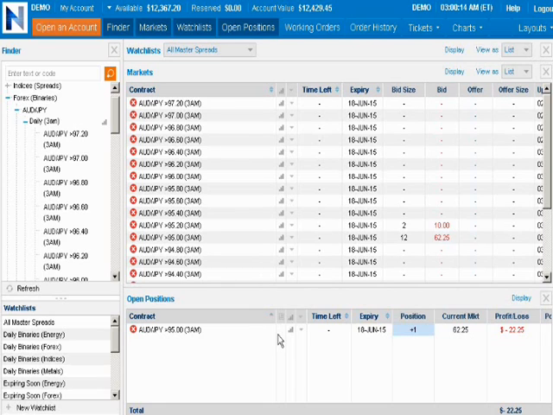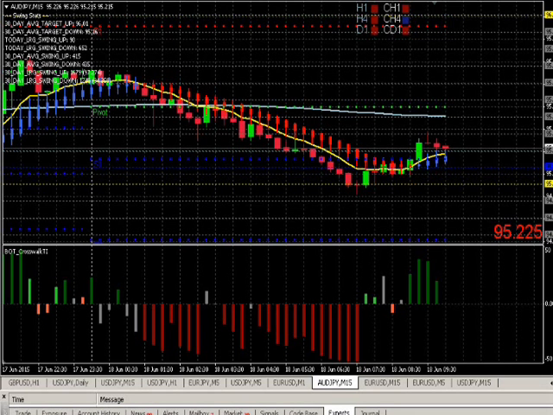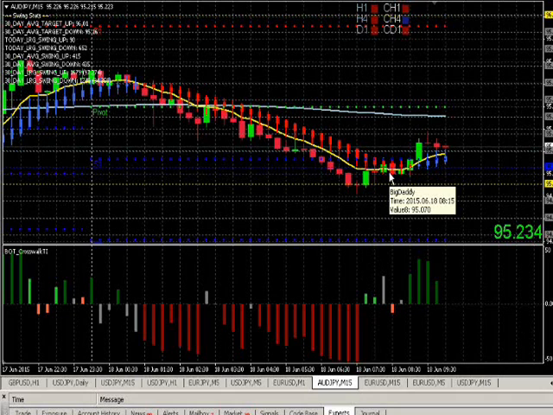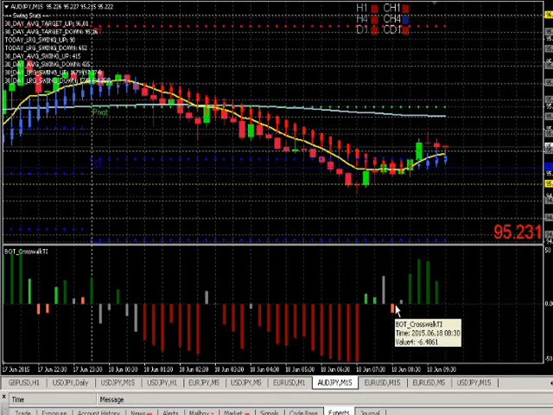Should expire in the money. And that's a counter trend trade. Gonna take a little while to settle.